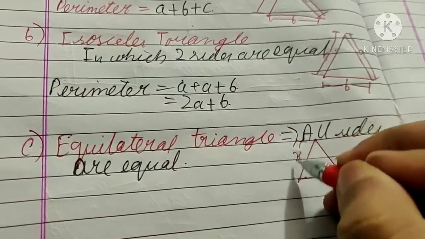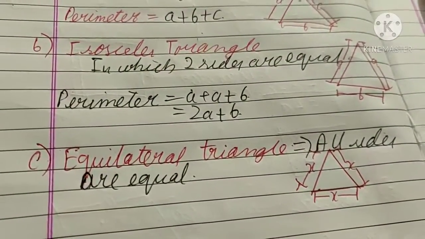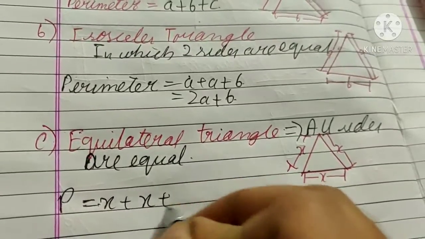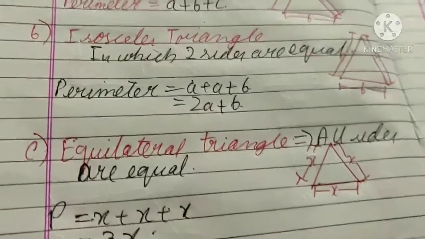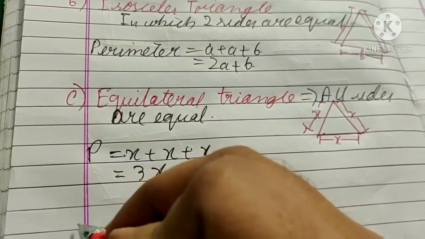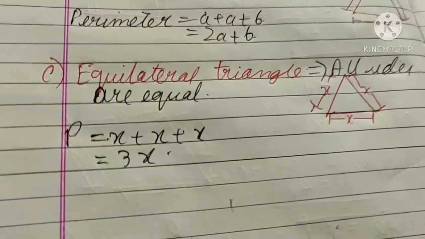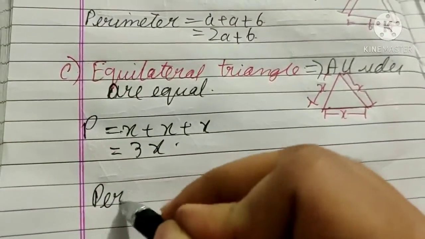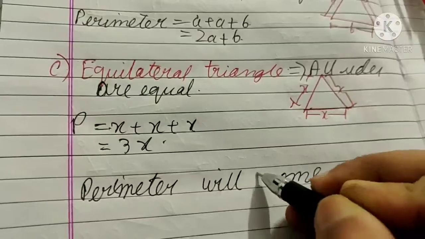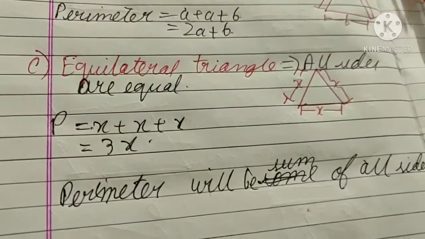This is X, this will also be X, and this will also be X. So here the perimeter will be X plus X plus X, that is 3X, where X stands for the length of the equal sides of the triangle. However, if the general topic is finding perimeter, and we are given any sided figure with the lengths of all sides given, then always remember, the perimeter will be the sum of all sides. Perimeter is the sum of all sides.